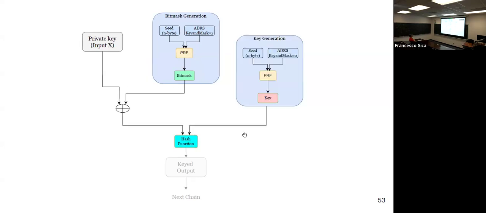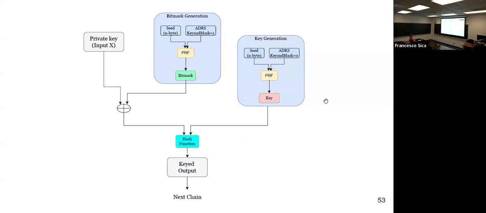The result is given to a hash function along with a unique key generated with a pseudo-random function, and after that we have a keyed message digest, and we give it to the next chain.